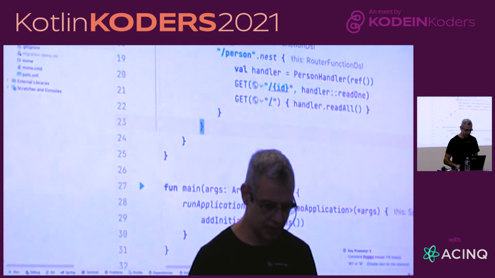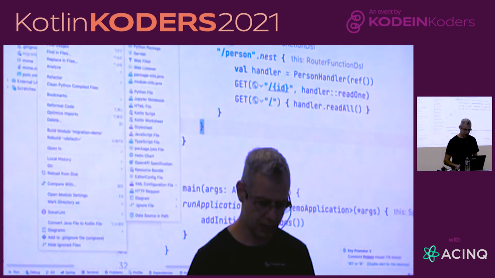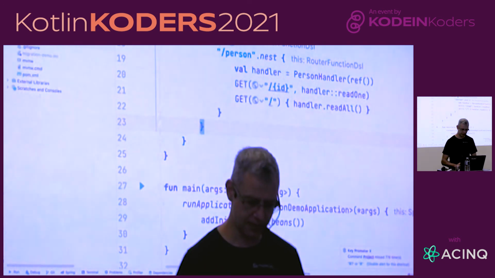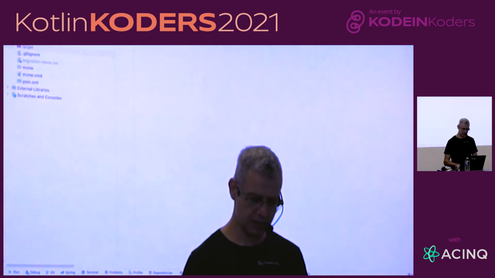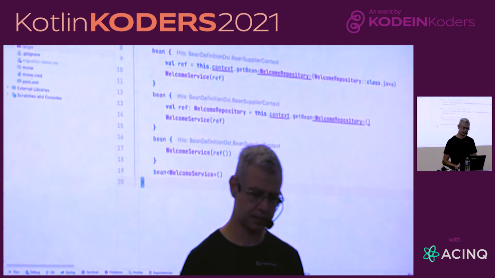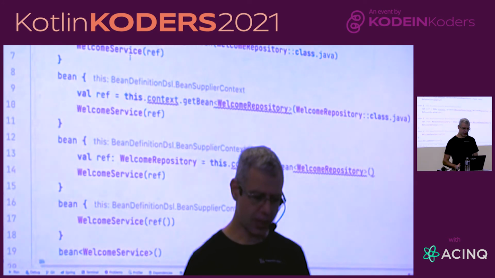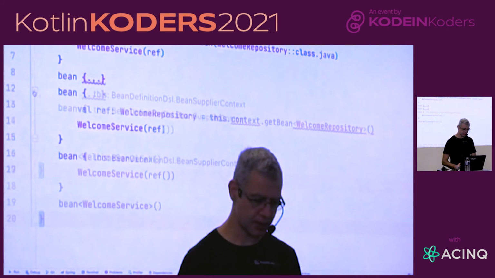Sorry. So here I will create a new Kotlin file, and I will call it magic, because this is obviously magic. And normally here I will say just magic, and I hope it works. Yes. Okay, so forget about this for the moment.